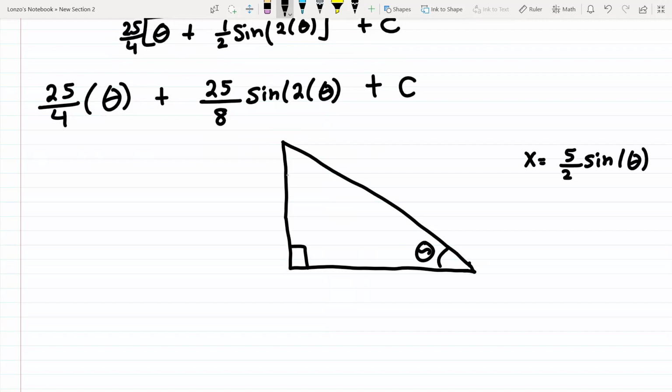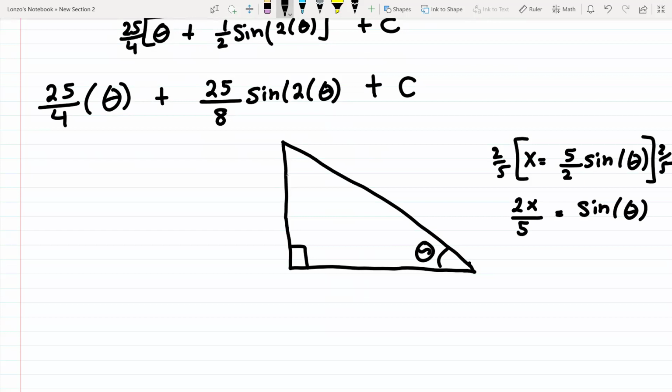What we're going to do next is multiply both sides by the reciprocal of 5/2, which is 2/5. So this is 2x over 5. And on the right, the 5/2 and 2/5 cancel, you're left with sin theta.